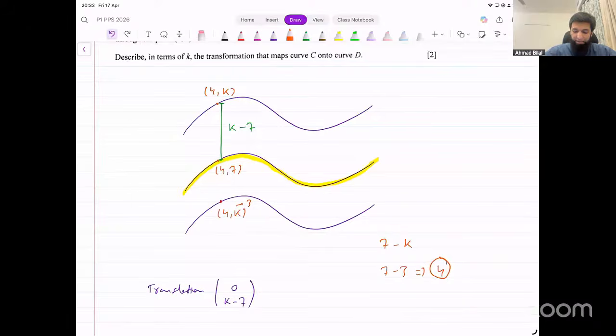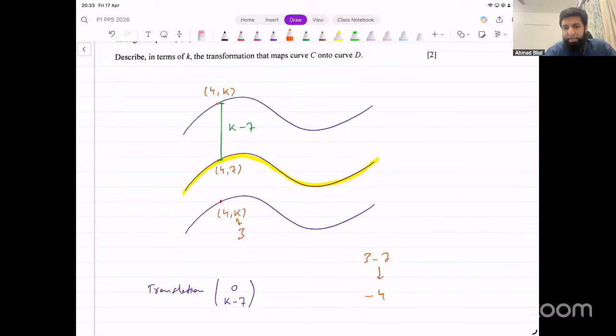So in either case, it would be k minus 7. Even if it's going below, the vertical component is still k minus 7, because if this was 3, then 3 minus 7 gives you negative 4, and that would be the correct transformation in that case.